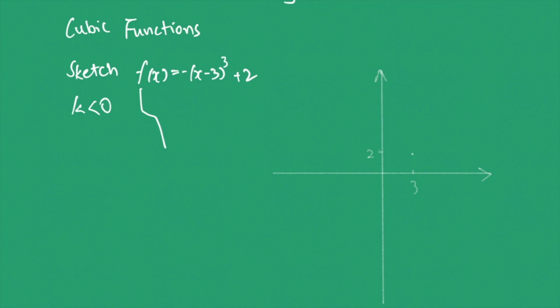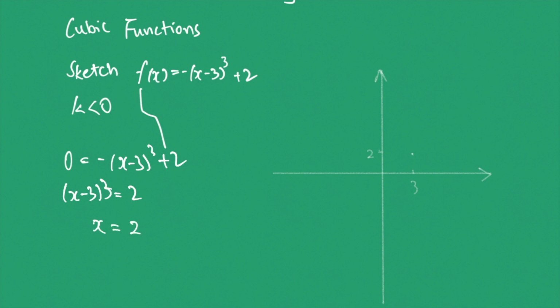And if we insert 0 for y, we will get our x-intercept. So we put 0 into y, and the cube root of 2 plus 3 equals 4.26 to two decimal places.